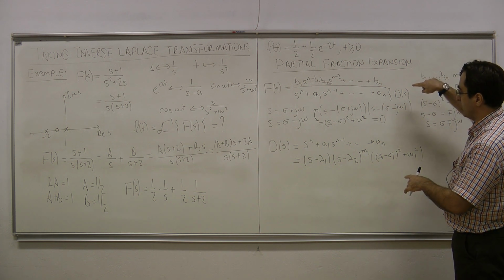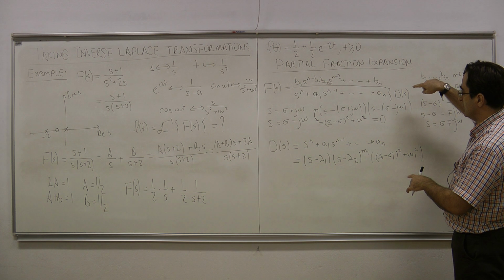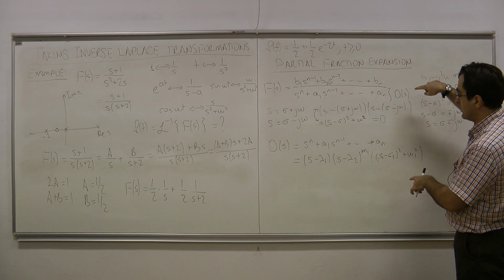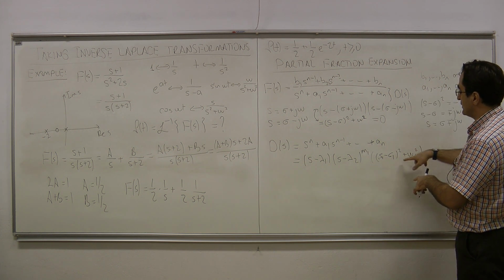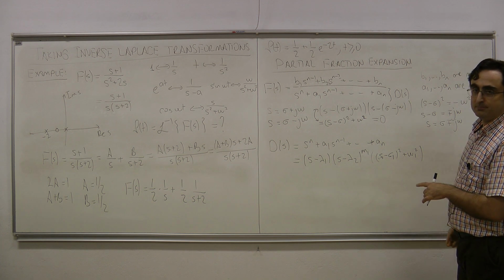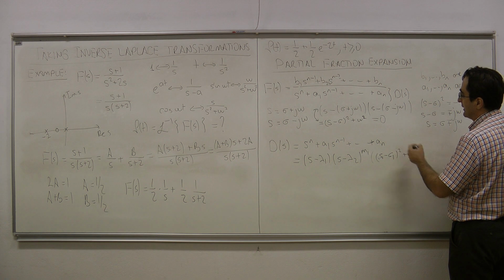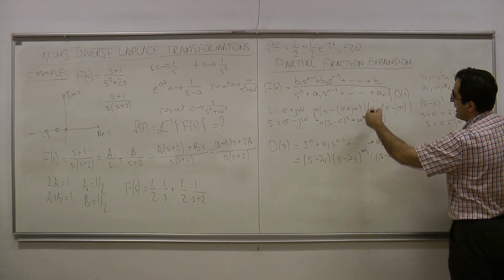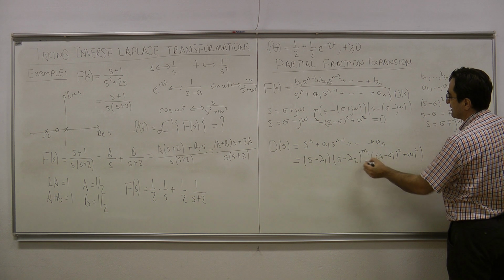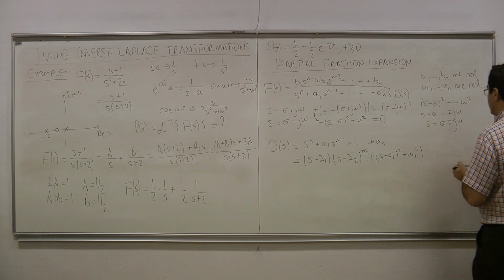There is a single pole at sigma 1 plus j omega 1, and there is another single pole at sigma 1 minus j omega 1. Okay?